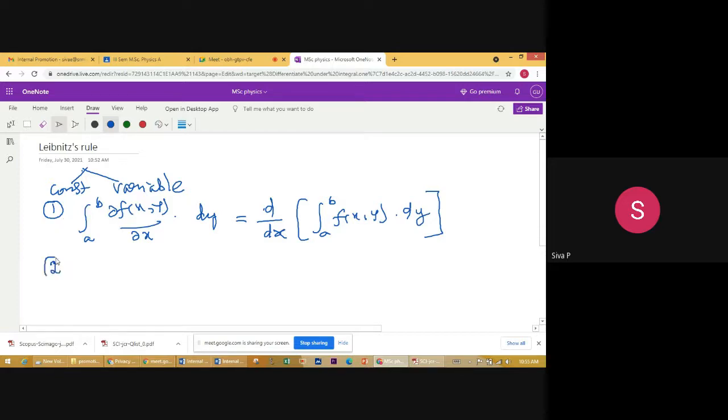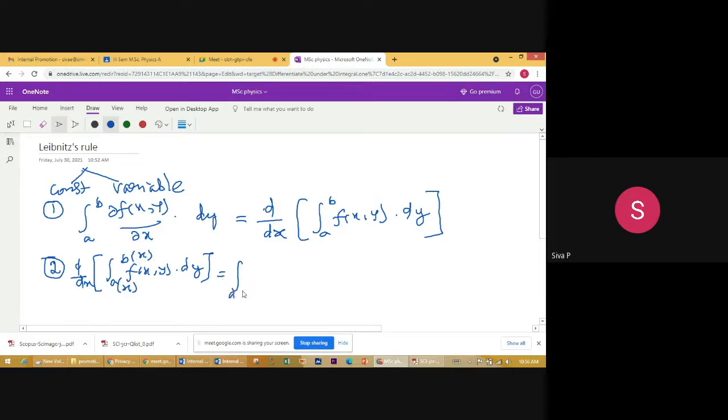For the variable limits, d by dx of the integral over a to b of f of x comma y dy is equal to, it is not only a to b, it's a of x to b of x.